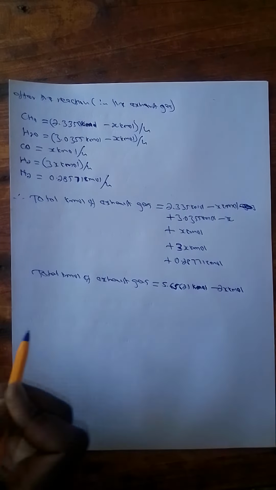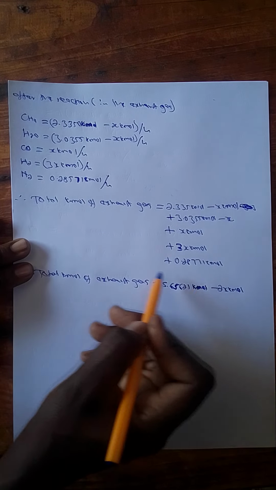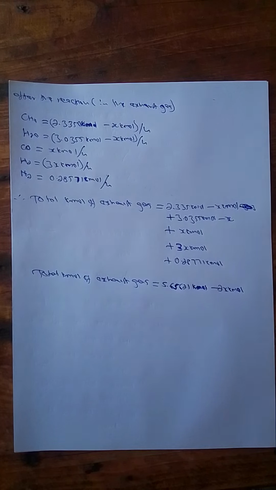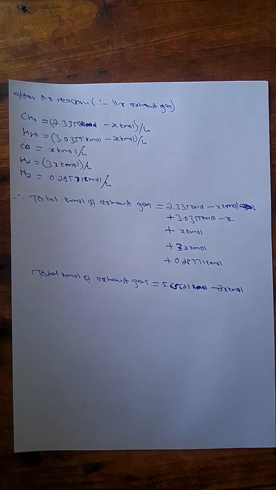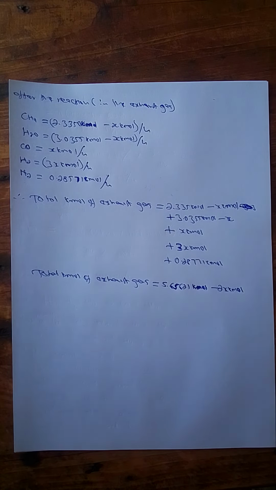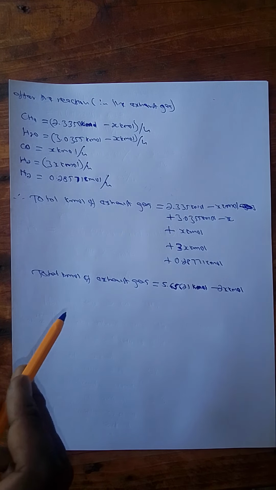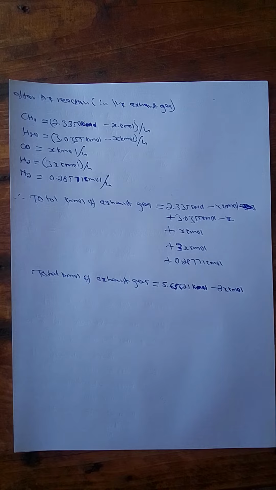So now if we know that this is actually the total kilomole of the exhaust gas, we can remember that we did just calculate not a long time ago. We calculated how much was the total kilomole in the exhaust gas. Oh, here it is.